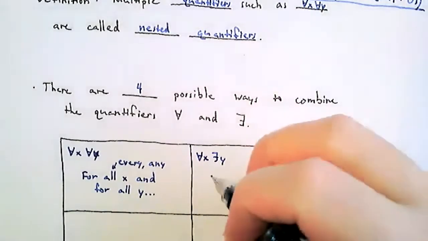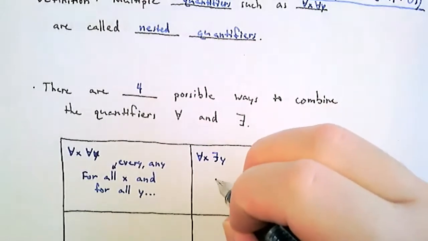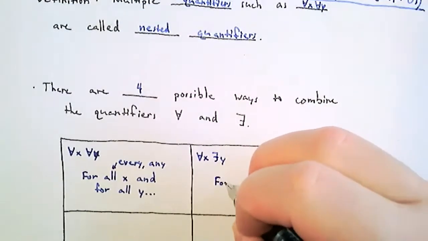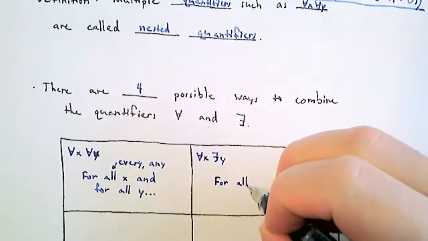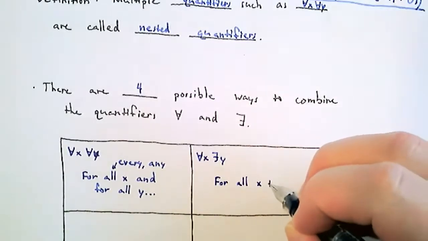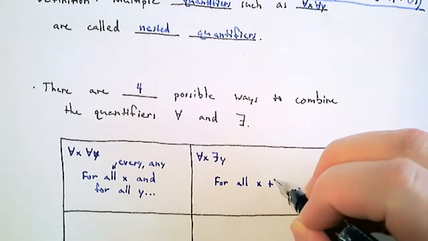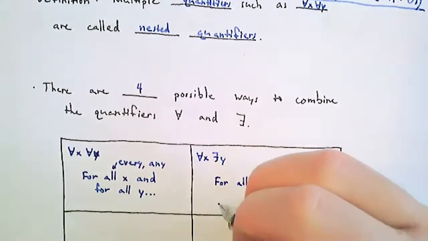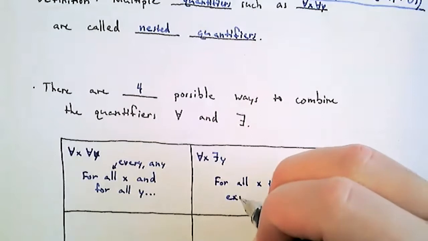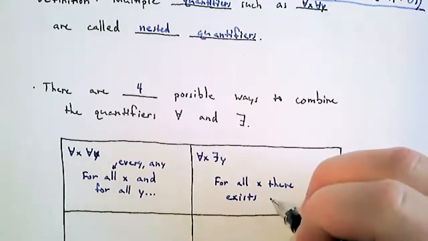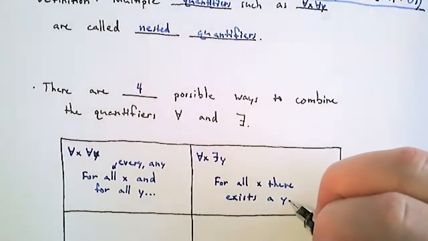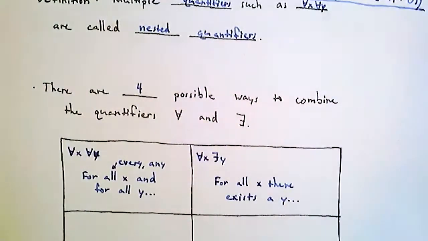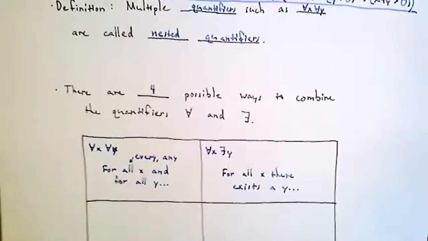And we can just say that in words, for all x, there exists a y, and that would be how you translate it. And then your statement would finish with something after that.